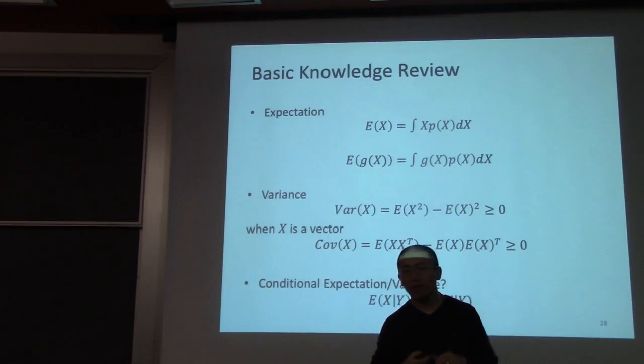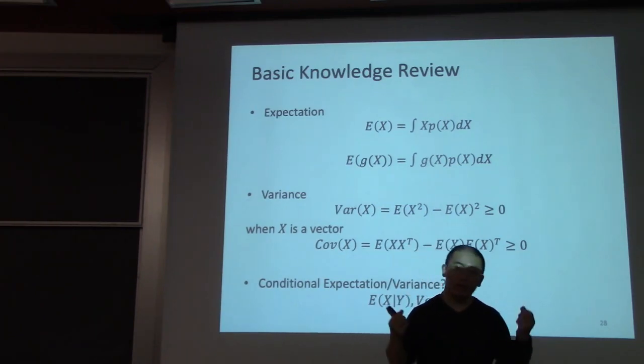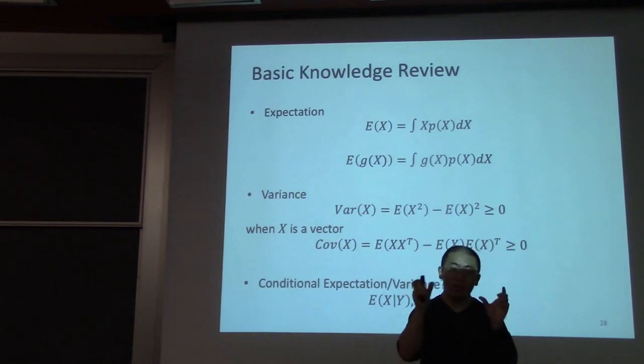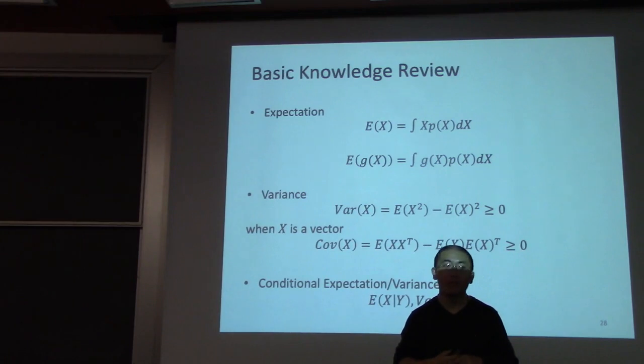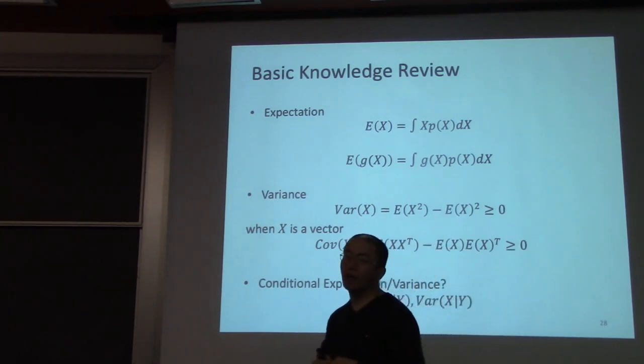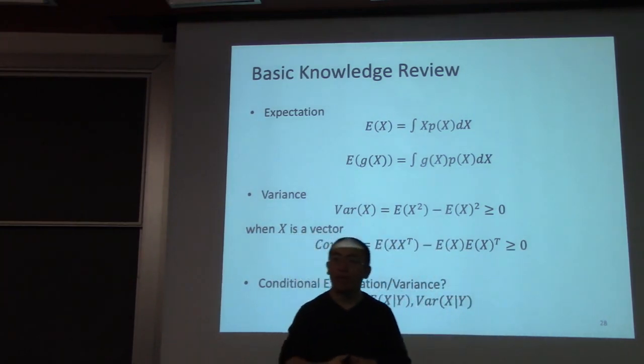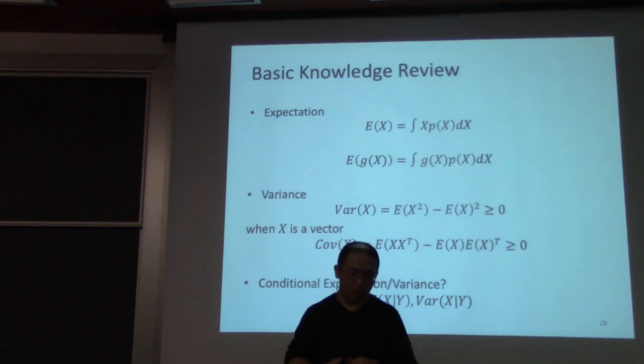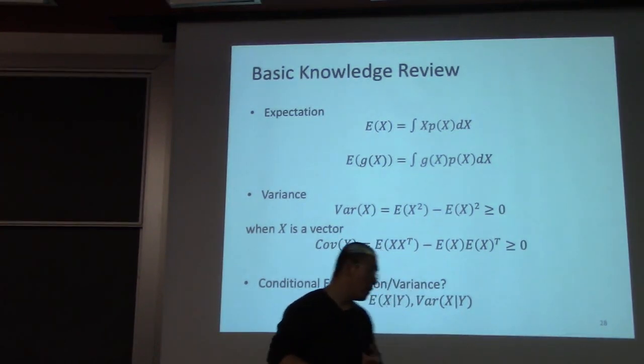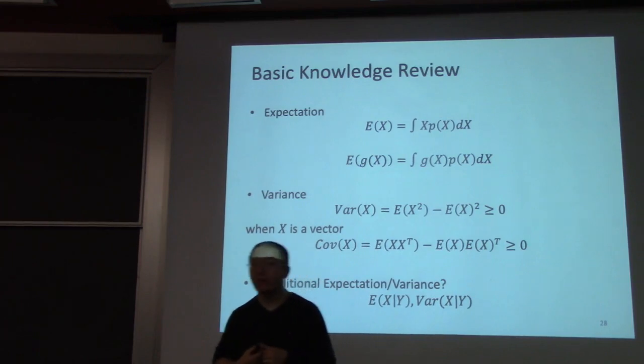If A is positive semi-definite, then whatever vector you choose, this quadratic form is always non-negative. That's the original definition of positive semi-definiteness. Of course, the direct conclusion is that if the matrix is positive semi-definite, then all its eigenvalues are non-negative.